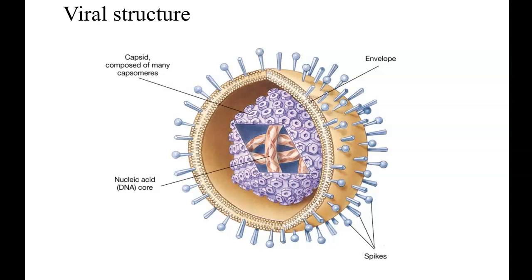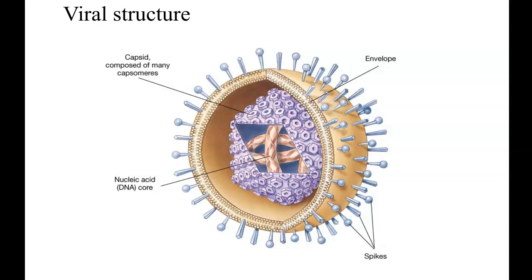If you take a look at this picture, there's also an envelope around this virus. You can see those little clothespin-like shapes. That's the lipid bilayer, those phospholipids. As this virus escaped from a host cell, it wrapped itself in that membrane.